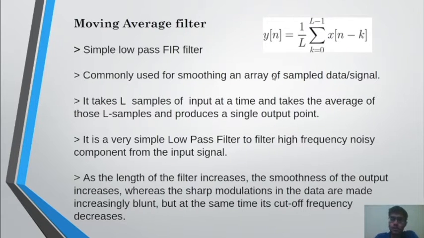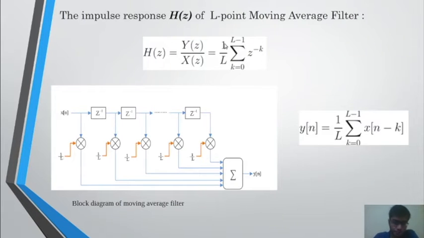But we should also consider the fact that at the same time the cutoff frequency also decreases significantly, because when you are smoothing down the signals, we are missing out on the high frequency component also. That will be pictorially shown by a MATLAB code, which I will explain in the later part of this presentation.